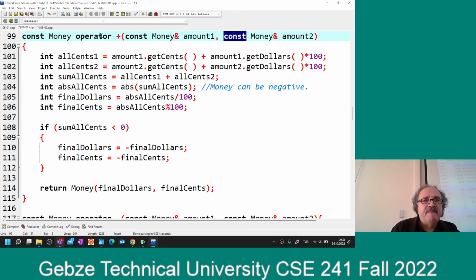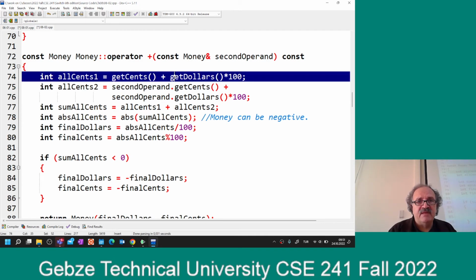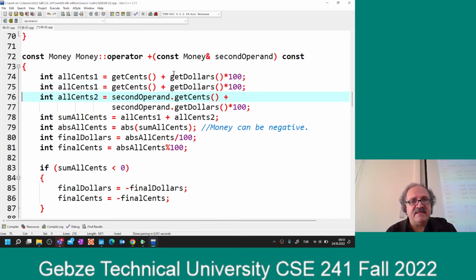By the way, this one doesn't access the, remember I have two private data, dollars parts and the cent part. I don't directly access them, even though I can directly access them. I am not going to do it. Okay. Instead of saying get cents, I can say cents part, right?